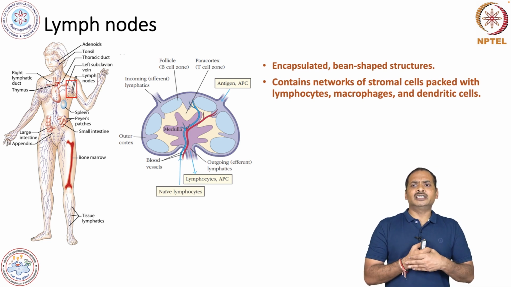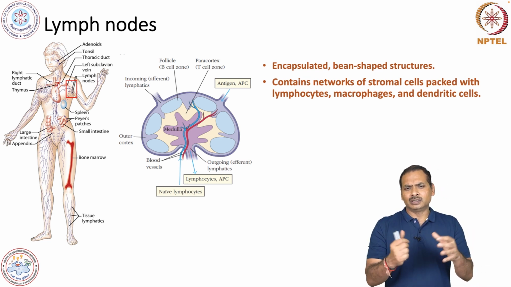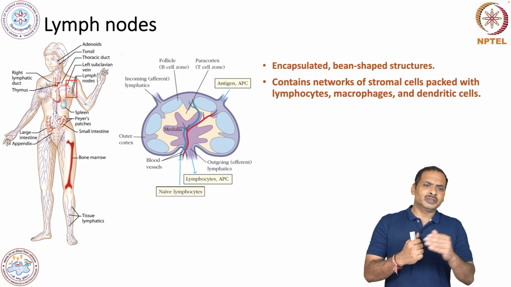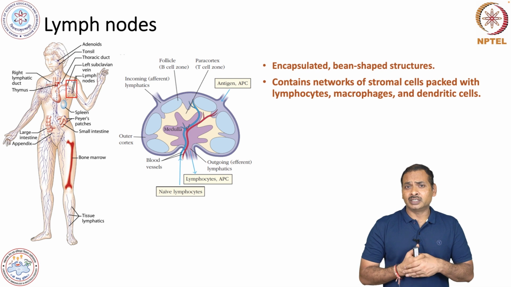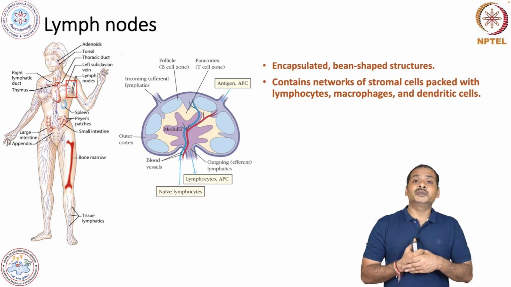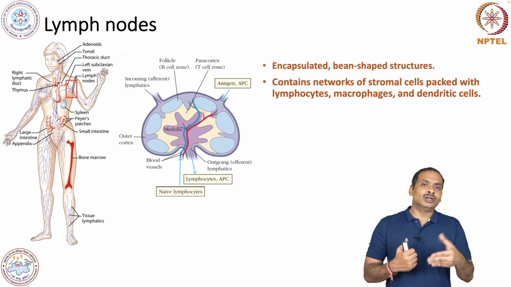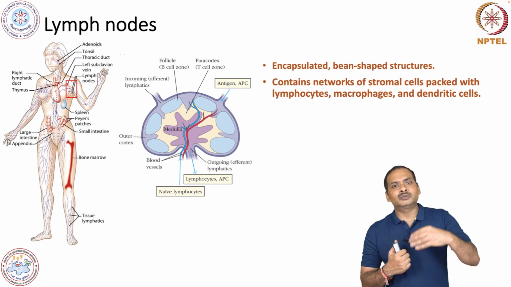So this contains stromal cells packed with lymphocytes, and please remember both kinds of lymphocytes are there. One could be naive immunocompetent lymphocytes, or it could be sensitized cells, where the immunocompetent cells already saw the antigen and are proliferating.